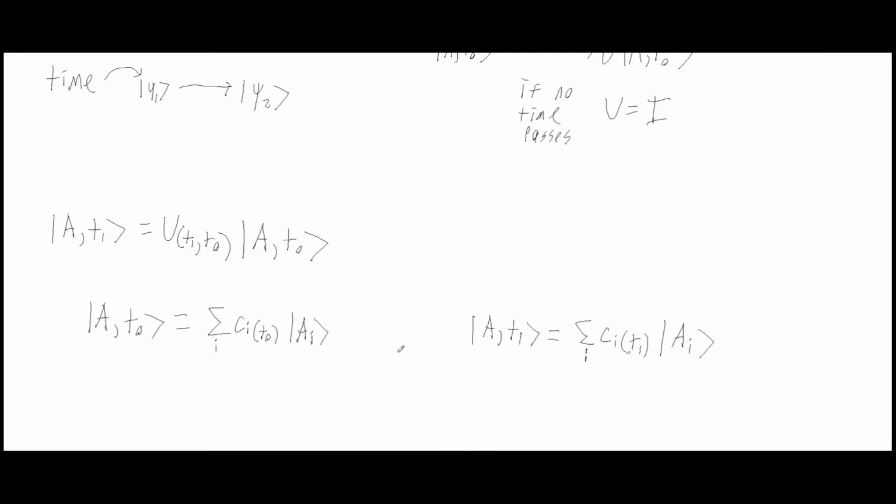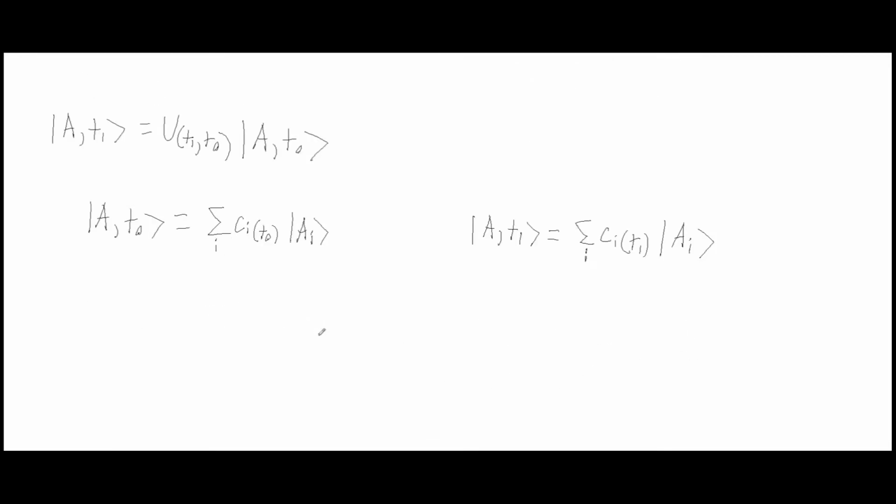Okay, and so from this, what we can say is that it is not necessarily the case that any particular Ci at t naught is equal to Ci at t1. So for any given i, the probability amplitudes do not need to be equal to each other.